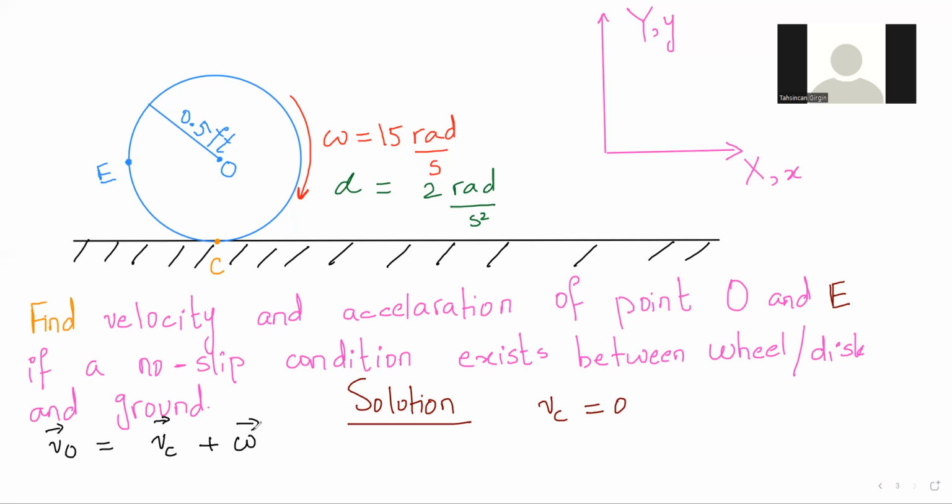As long as all the points are on the same rigid body, the omega is the same omega. Omega cross the position vector of O with respect to C.